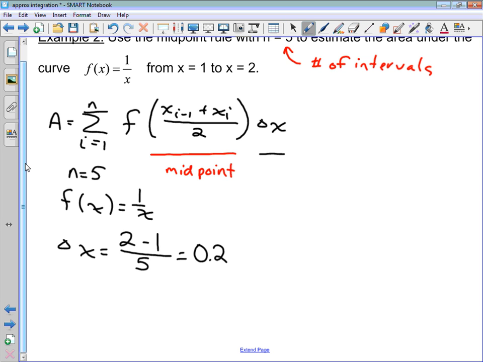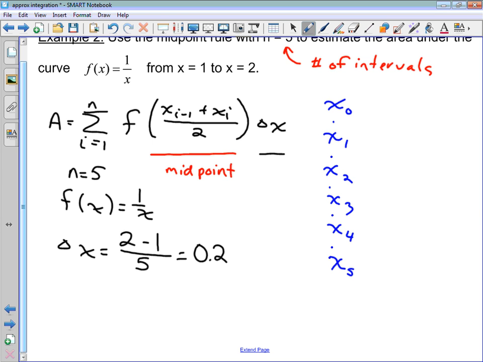So we know we're going to have 5 intervals. We're going to have one that starts at our starting point, x0, and then an interval from x0 to x1, from x1 to x2, x2 to x3, x3 to x4, and x4 to x5. So 1, 2, 3, 4, 5 intervals.